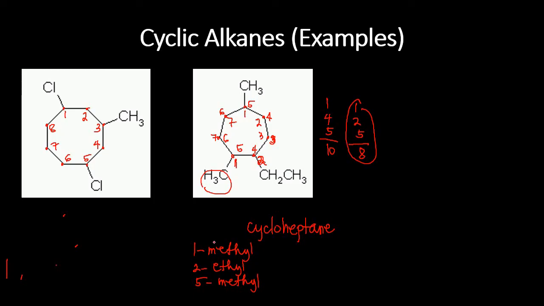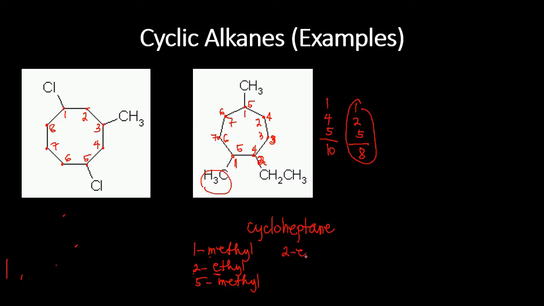Okay. So before we attach that to our parent chain, kailangan nating i-alphabetize and then i-combine yung methyl na dalawa gamit yung correct prefixes. So our final answer will be 2-ethyl kasi mas mauna siya, E versus M.